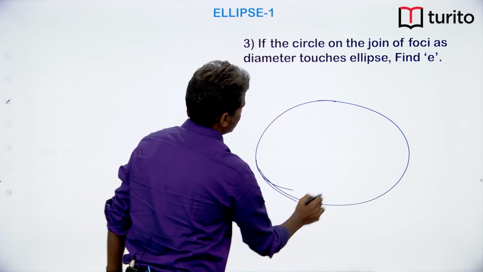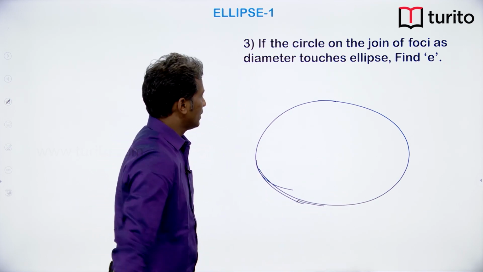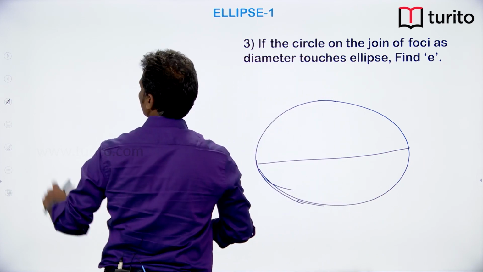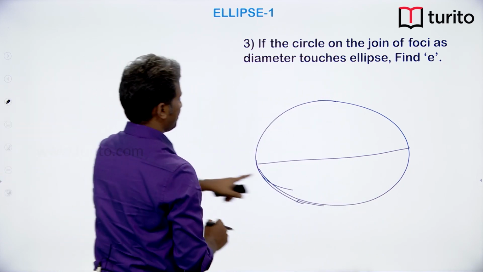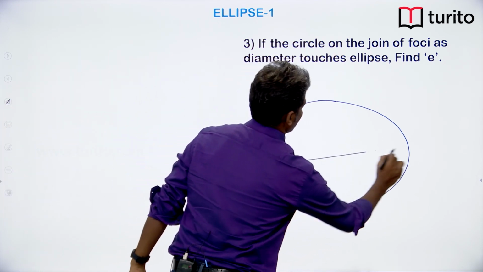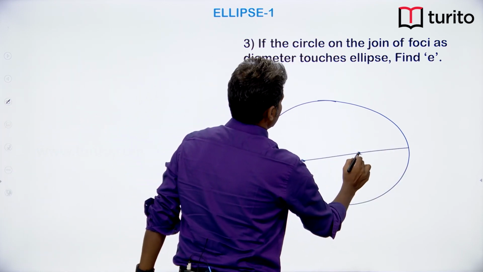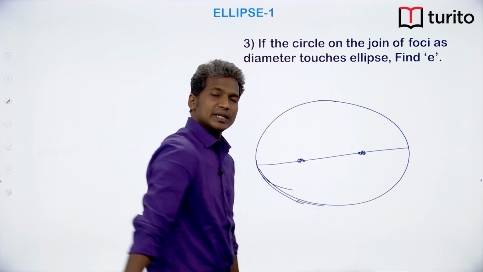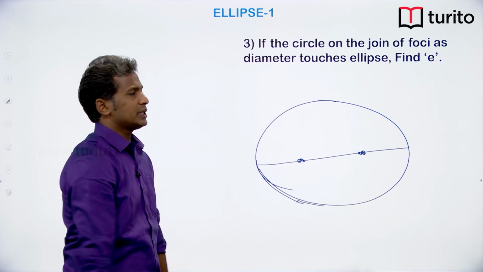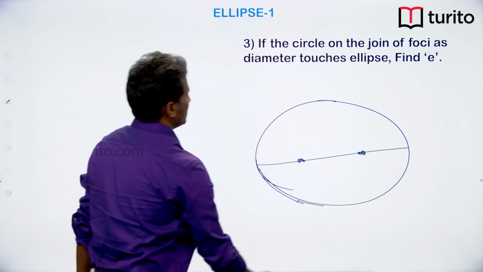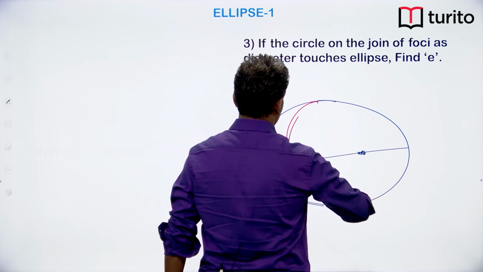Okay, so let us say this is the ellipse. Now this is my major axis. These are 2 points. Now by taking these 2 points as the diametrically opposite points, if I draw a circle, let us say I have drawn a circle here.